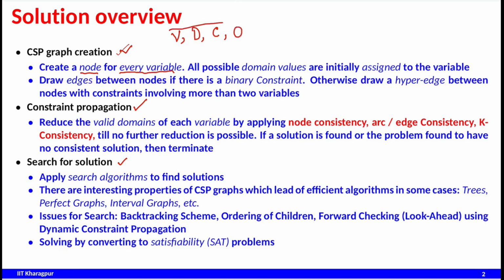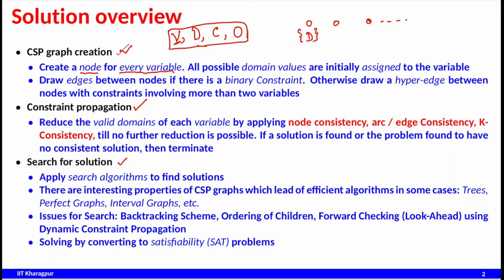These four components we have seen in our earlier lecture. Now for every variable we define a node, and all possible domain values are initially assigned to each of those variables. So if I have variables x1, x2, x3 and so on, for every variable we assign all the domain values.